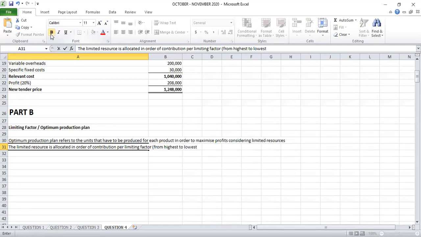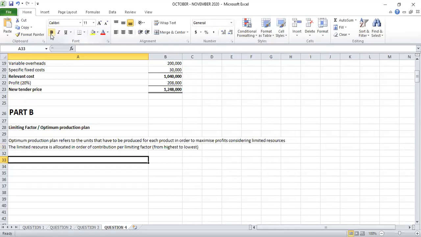So we have to find which product is giving the highest contribution per that limiting factor, not just the highest contribution. When you're answering this question, whatever I was writing there, you don't have to write it. It's just for you to understand how you proceed there.